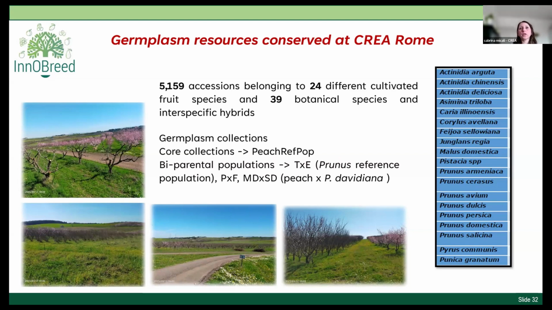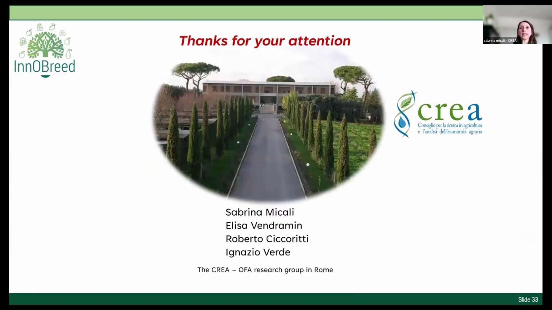And in our experimental fields, we have germplasm collections, core collections, like the peach ref pop, and also parental populations, like the one that was the reference for Prunus, the T by E, and those that were also used for the refinement of the genome sequence of peach.